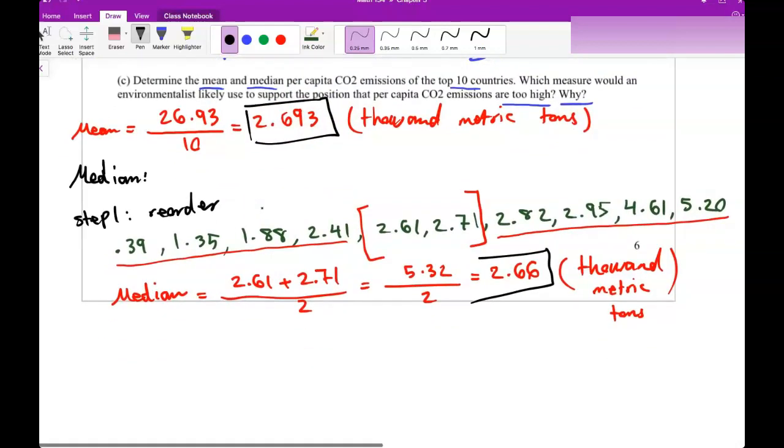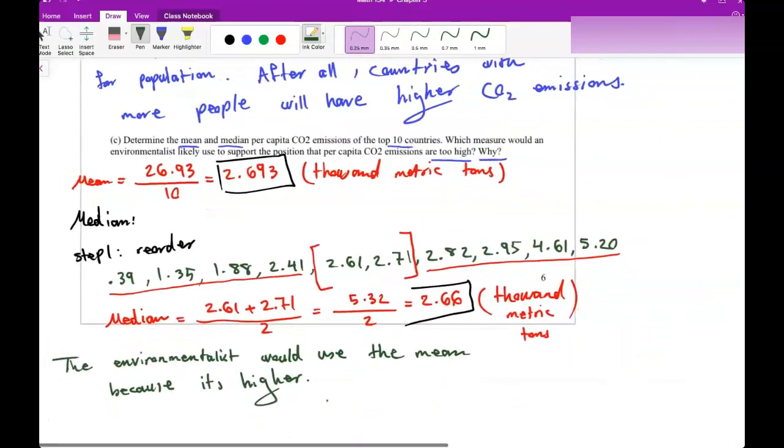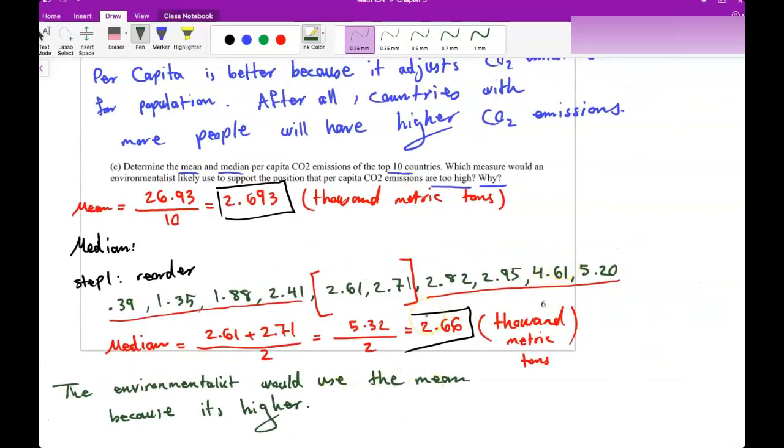So he's going to choose the mean. Okay, we finished this part. Then after this, I'm going to cover the next section.